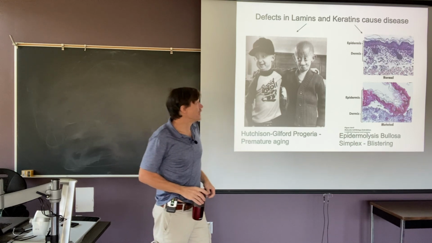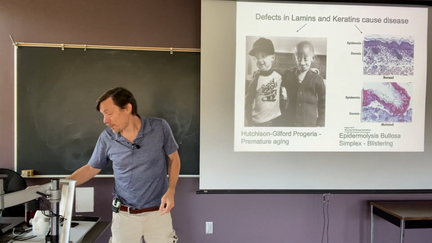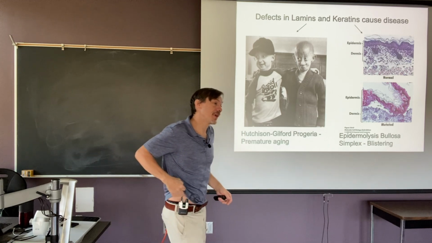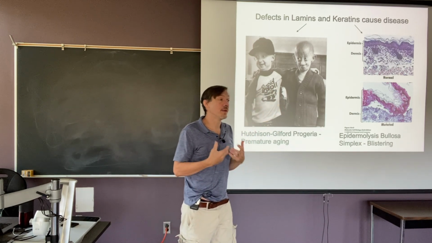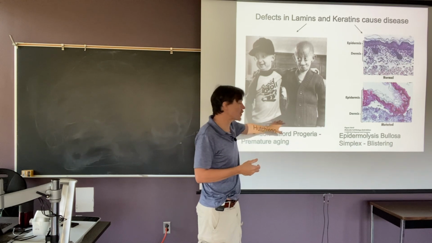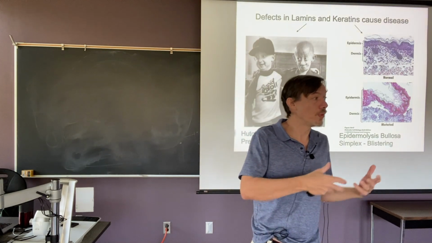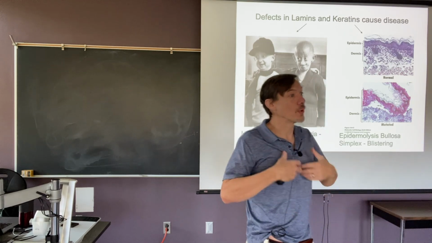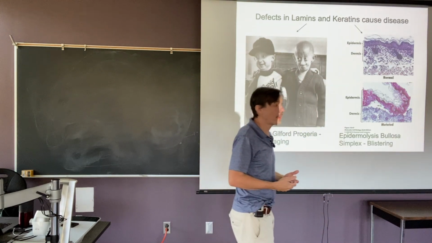What's interesting is that in this particular case, there have been mutations in the lamins, and as you can see, they look very old, and people with these mutations have a lot of symptoms associated with the elderly. So there really is premature physiological aging going on.